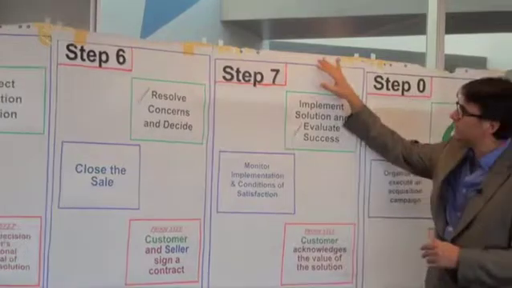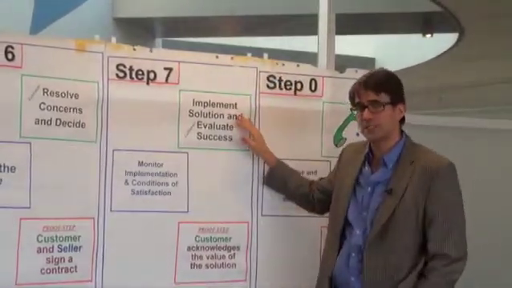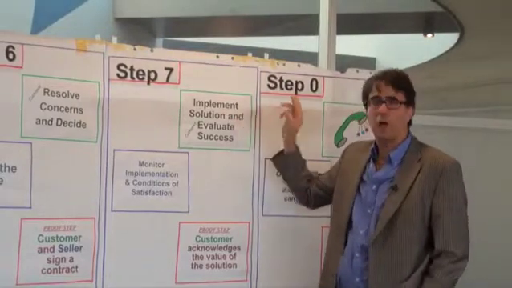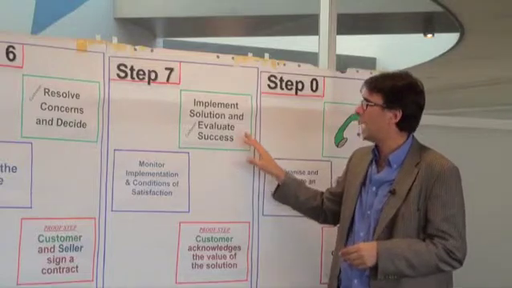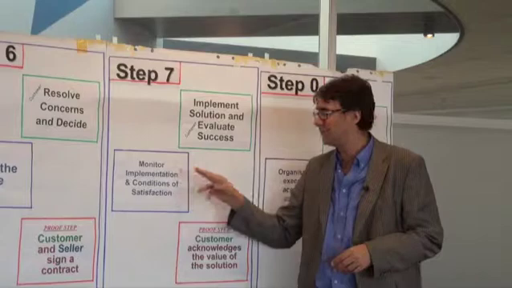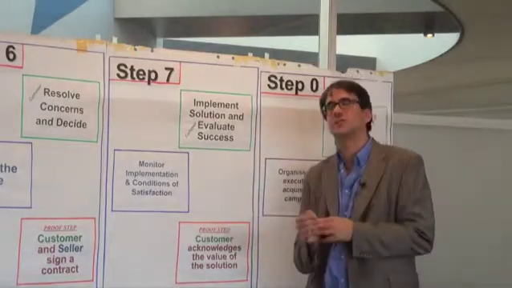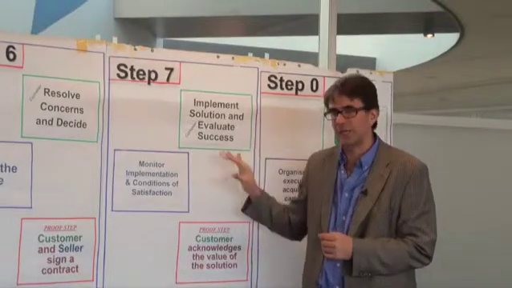Yeah? Step 7, we implement the solution and evaluate the success of the opportunity. So our implementation teams, project managers are coming into step 7, and the customer is implementing now, and we are monitoring the implementation and checking conditions of satisfaction. Salespeople come back in step 7.